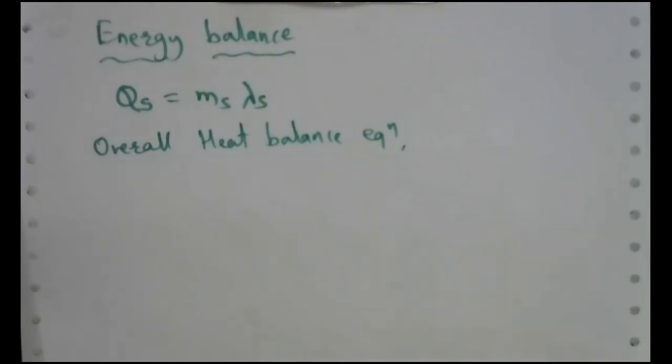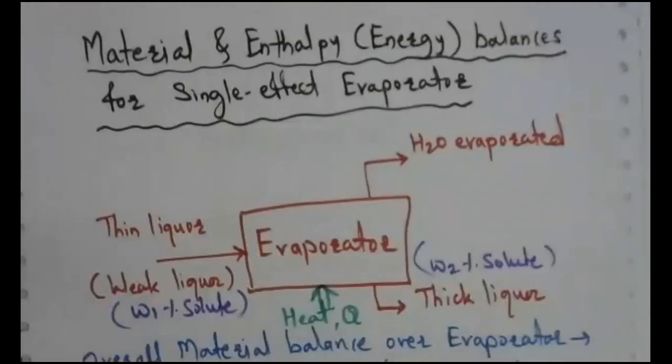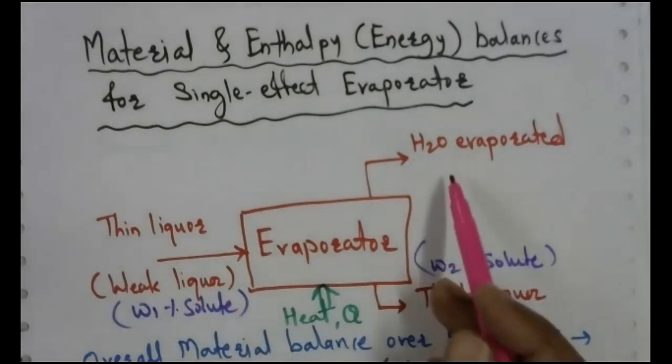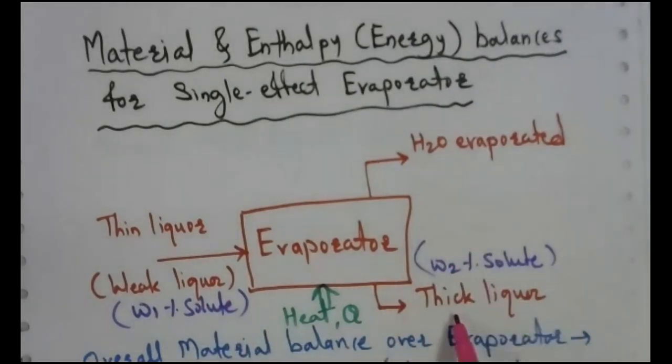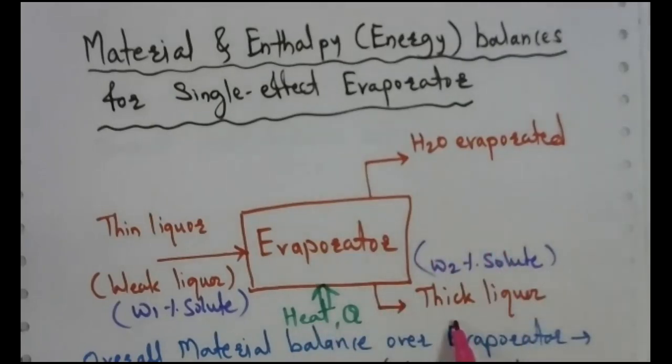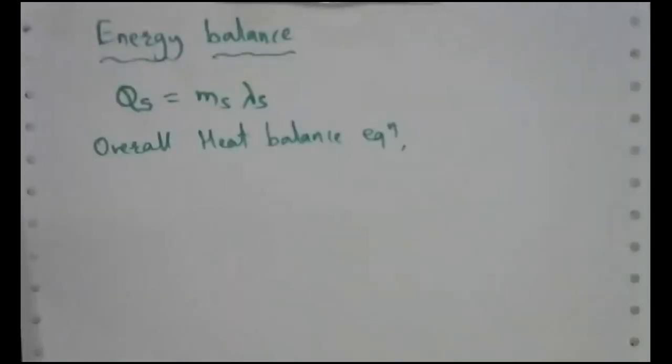Now what is the input from this diagram? So in this diagram, the input is thin liquor, weak liquor or feed, and the steam as a heating media. So these are the two inputs, and output is water evaporated and thick liquor. So the heat related to this feed and steam is equal to the heat related to the water evaporated and thick liquor. That is the simple heat balance equation.